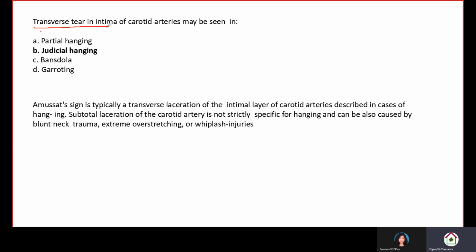Now Amussat sign is typically a transverse laceration of the intimal layer of carotid artery described in cases of hanging, and subtotal laceration of the carotid artery is not strictly specific for hanging and can also be caused by blunt neck trauma, extreme overstretching, or whiplash. Whiplash injury we have studied about. So the important thing is transverse tear in intima of carotid artery is seen in judicial hanging.